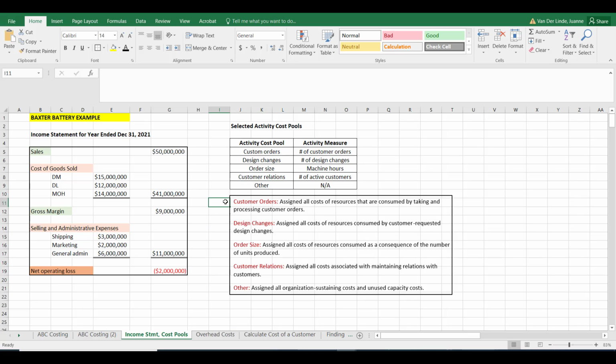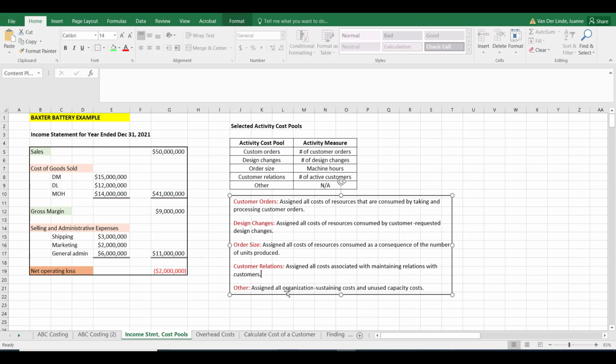So customer orders, this cost bucket will be assigned all the costs of resources that are consumed by taking and processing orders. Design changes, this cost bucket will receive all the costs of resources that are consumed by customer requested design changes. Order size, that cost bucket will receive all the costs of resources consumed as a consequence of the number of units produced. Customer relations, that cost bucket will receive all the costs associated with maintaining relations with customers.